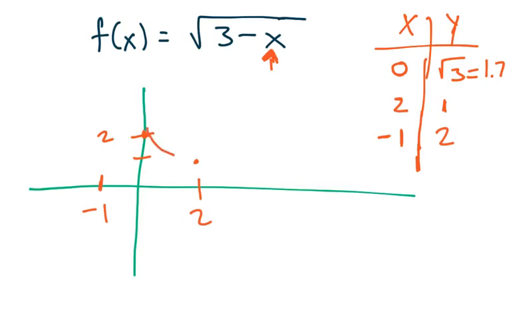It seems that we have some sort of effect like this going on. Now, I know also that at 3 I would get 0. And I also know that if I plug in a value greater than 3, like 4, I'm going to get a negative value here, so I can't do that.